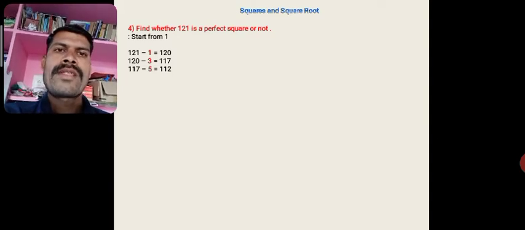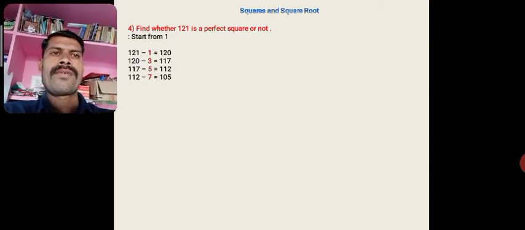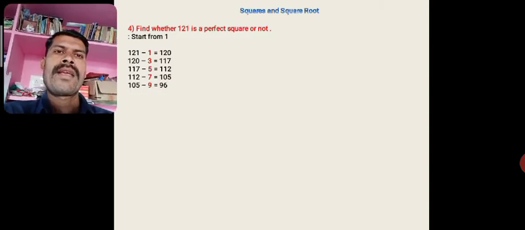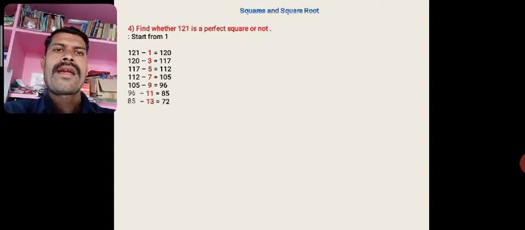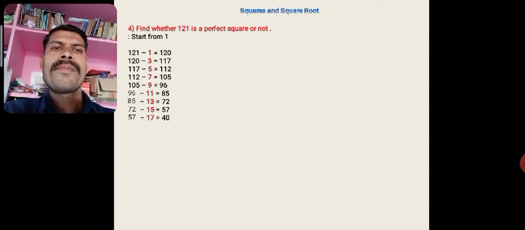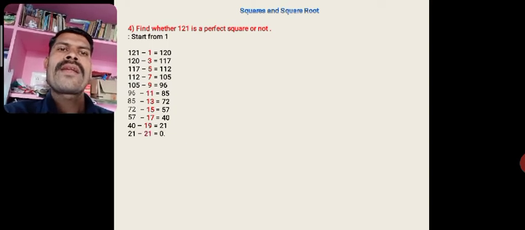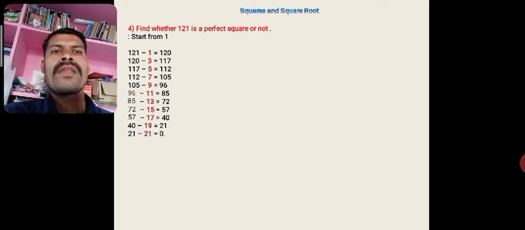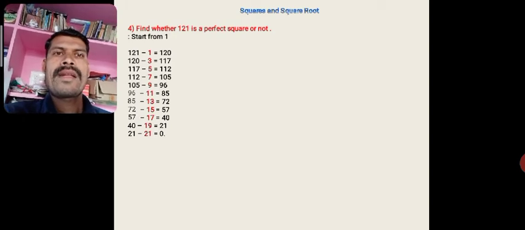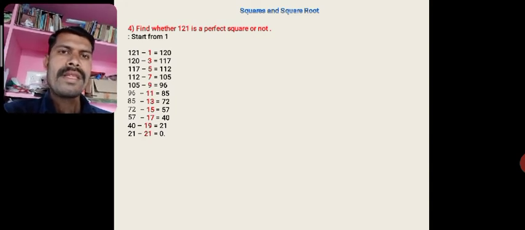Subtract 5 from 117, you will get 112. 112 minus 7 gives 105. 105 minus 9 is 96. 96 minus 11 is 85. 85 minus 13 is 72. 72 minus 15 is 57. 57 minus 17 is 40. 40 minus 19 is 21. 21 minus 21 is 0. We are getting 0 at the end by subtracting the successive odd numbers starting from 1.